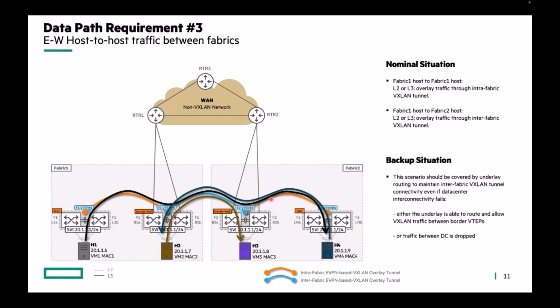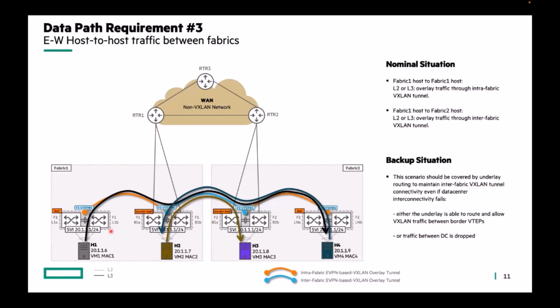Now, the backup situation to this: this particular scenario should be covered by underlay routing to maintain inter-fabric VXLAN tunnel connectivity, even if data center interconnectivity fails, right? So either the underlay is able to route and allow VXLAN traffic between the border VTEPs, or the traffic between DCs gets dropped, right?